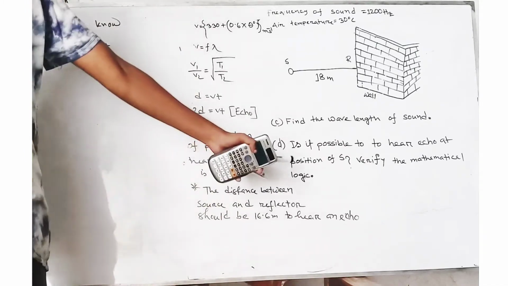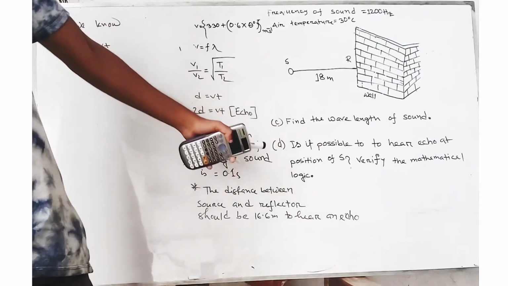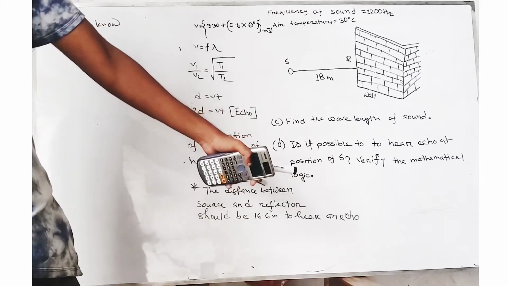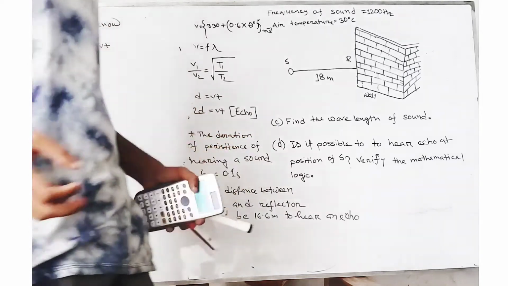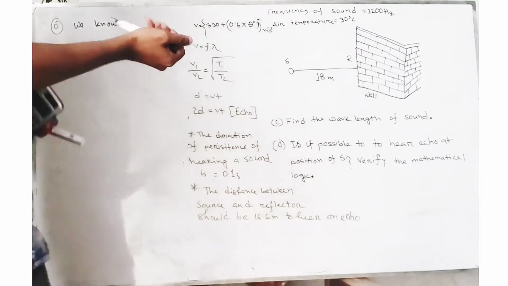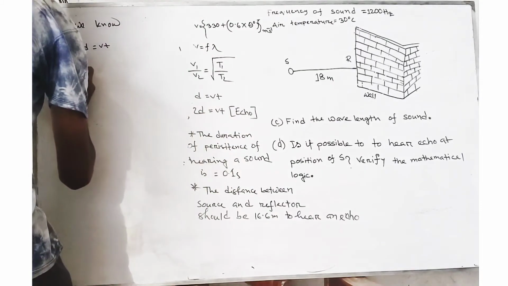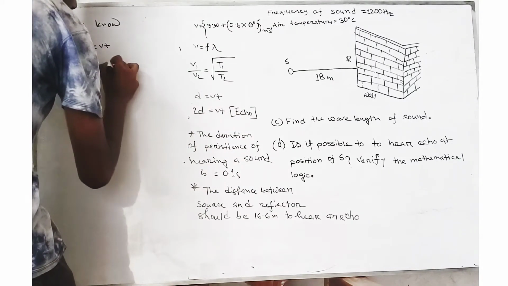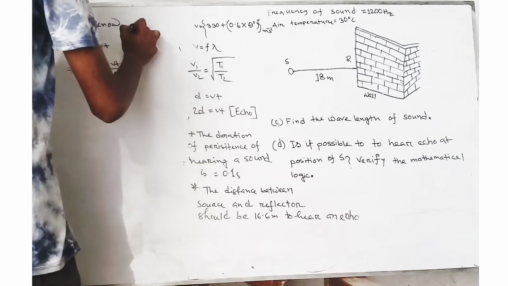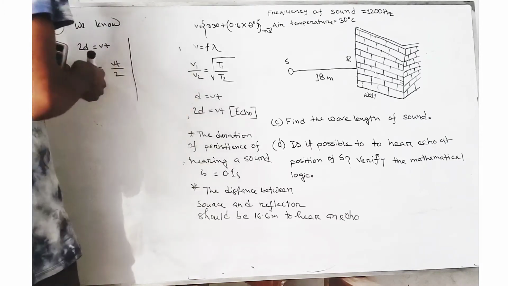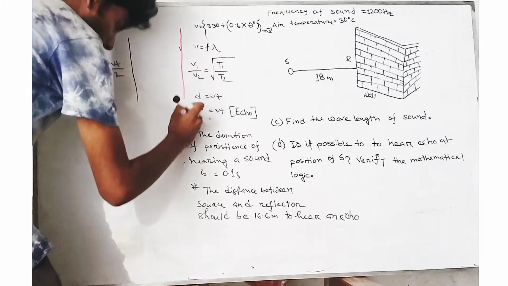You can solve it in two ways. Number one is the original method, and number two is the alternative method. You can use any one. That implies that d equal to vt by 2.